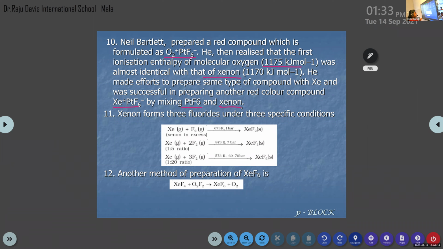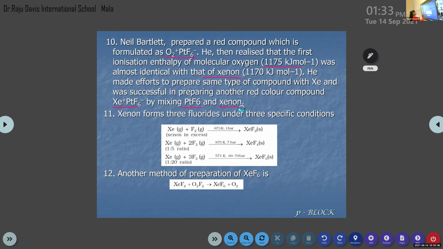Then later, instead of oxygen, he used xenon because their ionization enthalpy is almost the same, and he succeeded in that experiment. Later we can conclude that certain elements present in group 18 can react with other elements to form compounds. So this is considered as the beginning of the study of certain group 18 elements and their chemical reactions.